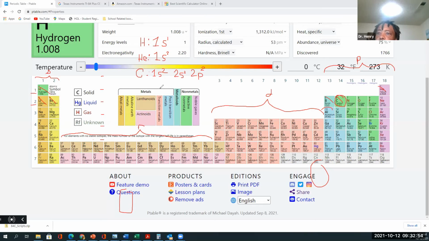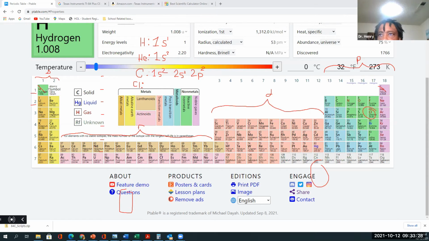Okay, so let's do chlorine. This is an interactive process. You guys got to work with me here so I can make sure that you get it. And if you get it, then the people that don't show should be able to get it by looking at the video. Okay, so if we go with chlorine, we're going to start at the very beginning.